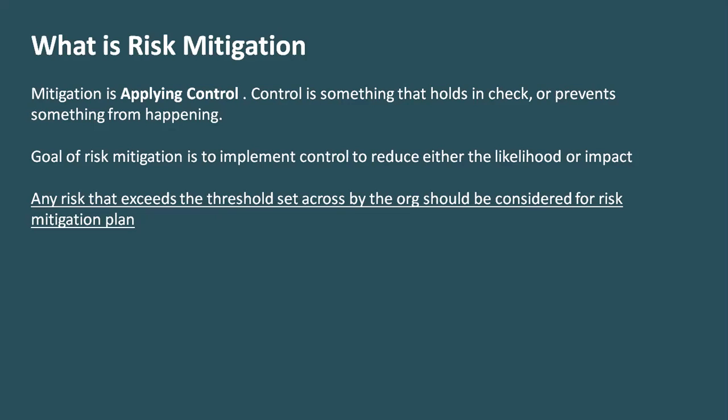Not more than 3 bugs can go in the client deployed software, right? So there is a threshold. Whenever we think that it will actually exceed that threshold unit set by the organization, we must have a risk mitigation plan in place.